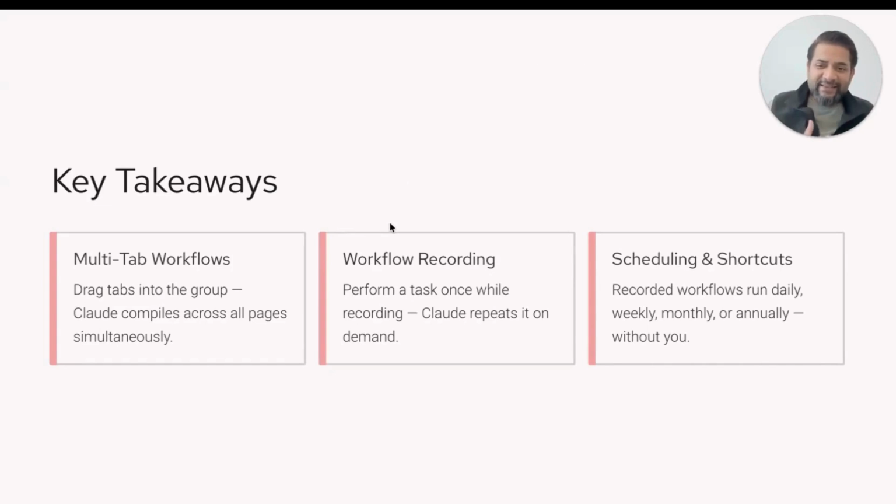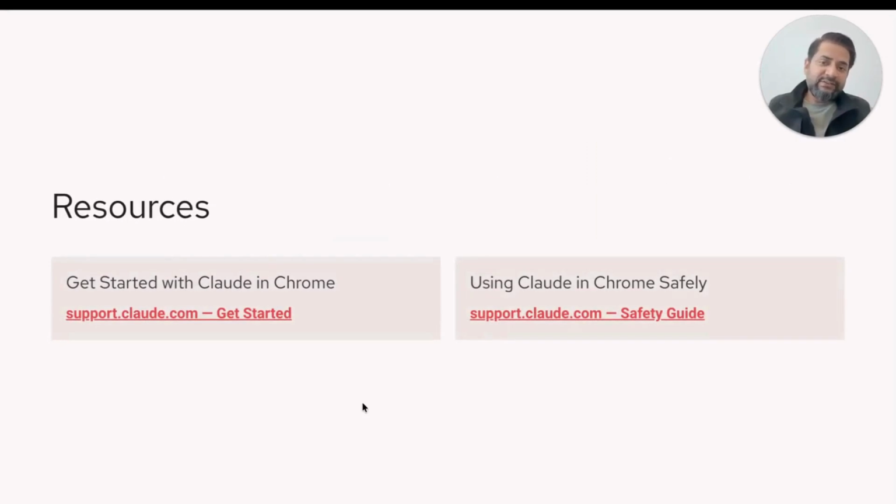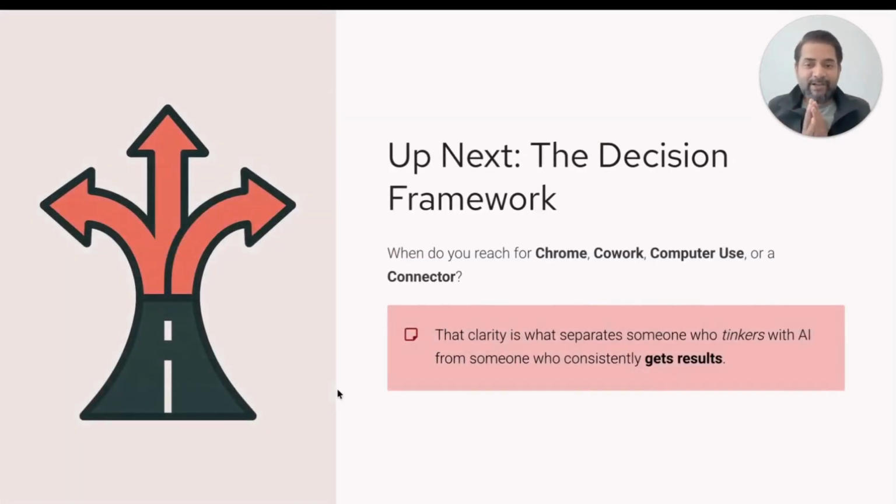And this brings us to an end with the key takeaways that we have. Multi-tab workflows, workflow recording, and scheduled tasks and shortcuts is all that we saw here. These are a few resources that you can refer to whenever you want. Now, you know how to make Claude work across tabs, record workflows, and schedule them.